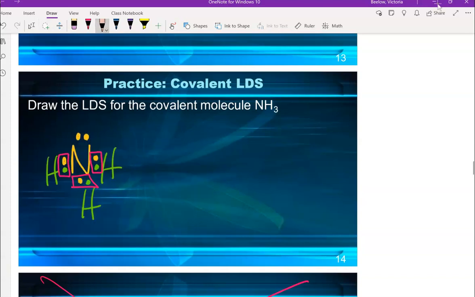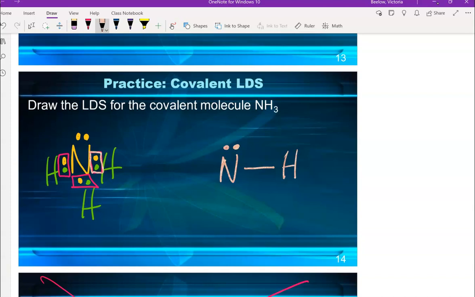So for my final drawing, I'm going to have my nitrogen in the middle. It has its one lone pair, those 2 electrons that aren't participating in bonding. And instead of those 2 dots, we're going to use a line. This line, or this bond, represents those 2 electrons being shared.